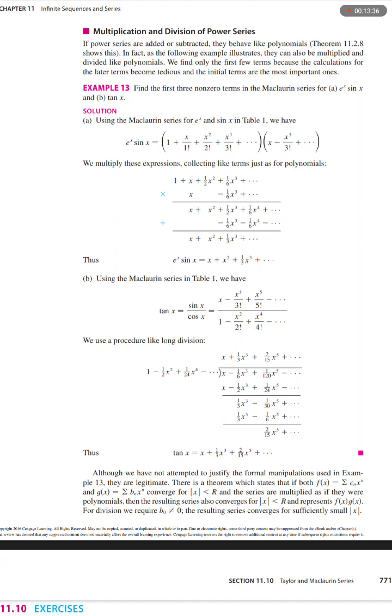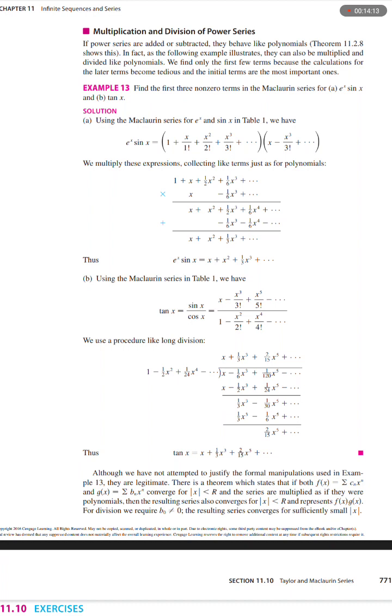There is a theorem which states that if both f of x equals the sum of c sub n times x to the power n, and g of x equals the sum of b sub n times x to the power n, converge for the absolute value of x less than big R, and the series are multiplied as if they were polynomials, then the resulting series also converges for absolute value of x less than big R and represents f of x g of x.